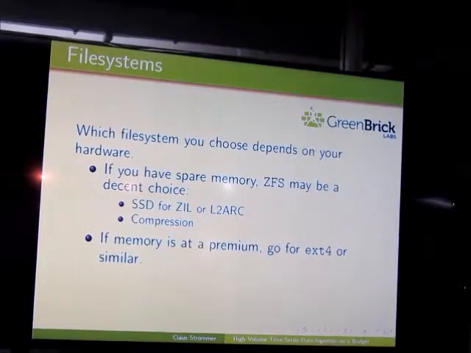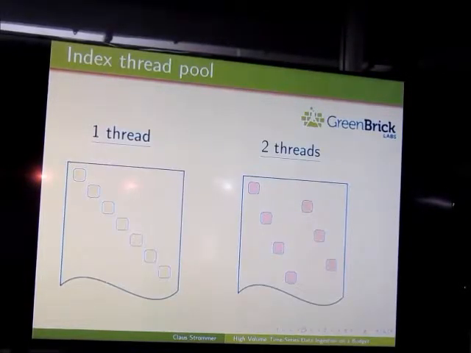That's not a lot. You might want to end up using ext4 or something similar, XFS. So again, you need to know your data, you need to know your systems. Your performance comes out when you put those two together. Going back to the thread pool, this is a quick little graph that gives you an idea.